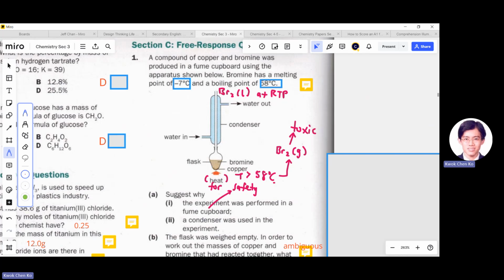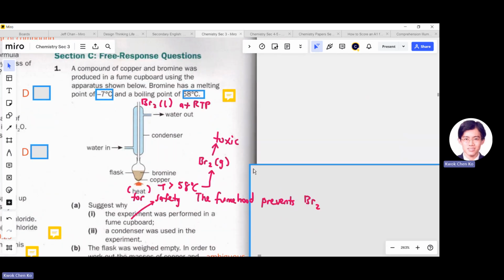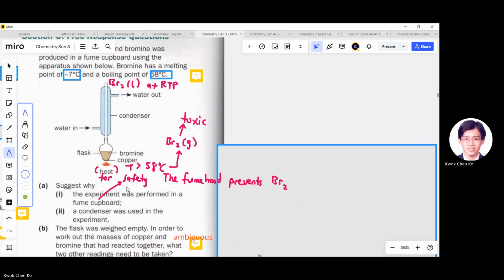Basically, the fume hood prevents your bromine gas or bromine vapor from escaping into the laboratory.